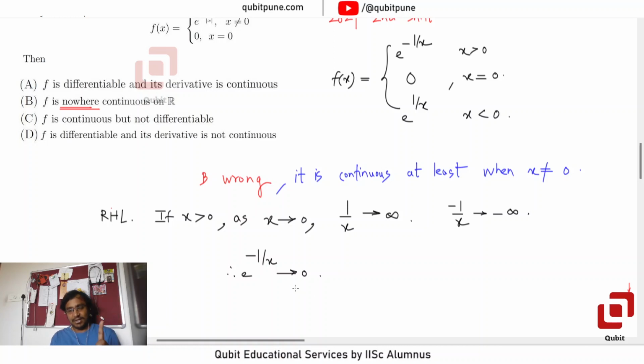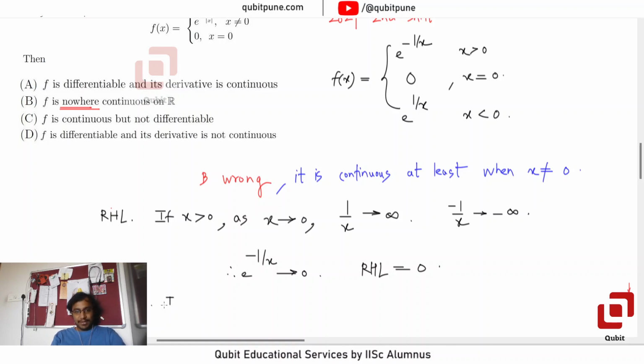If x is positive, 1 upon x will also be positive, and if x approaches 0, 1 upon x will tend to infinity, negative 1 upon x will tend to negative infinity, and e raised to negative 1 upon x will tend to 0. So RHL is 0. So at least it is continuous from right. Now is it continuous from left also?